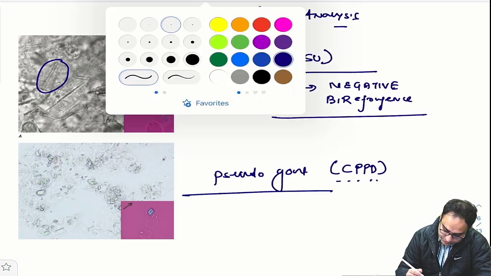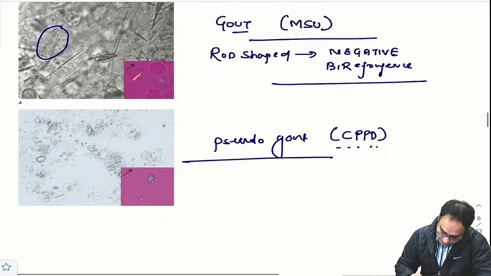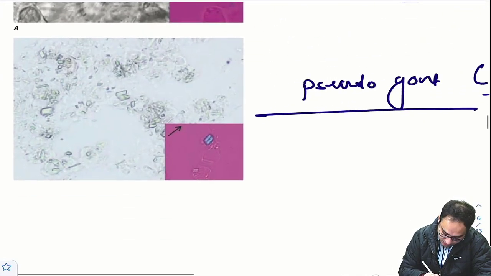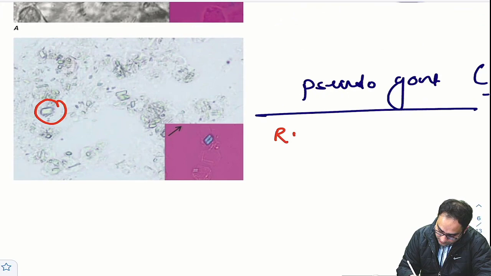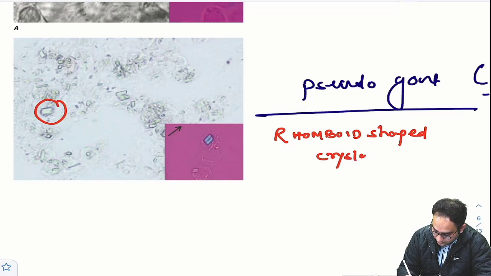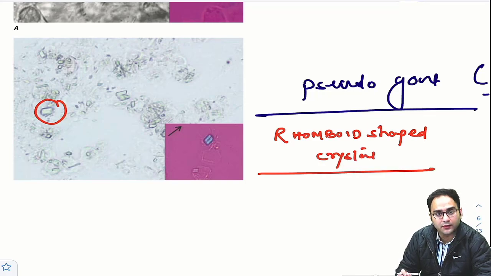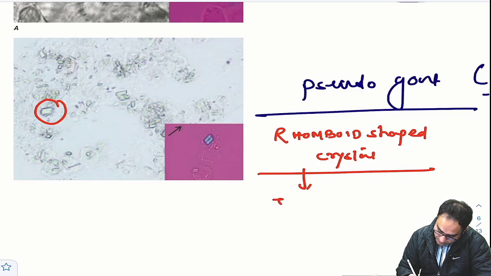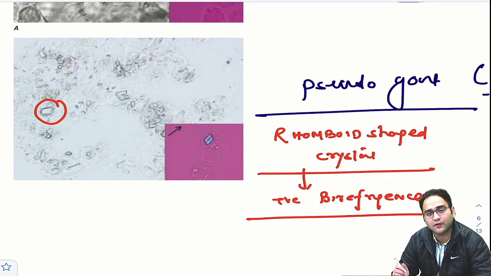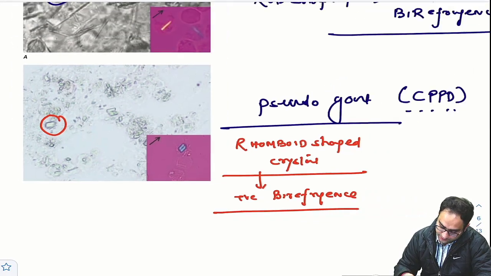On the other hand, in pseudo gout, if you look at the image, you have rhomboid shaped crystals. They have positive birefringence. Okay.